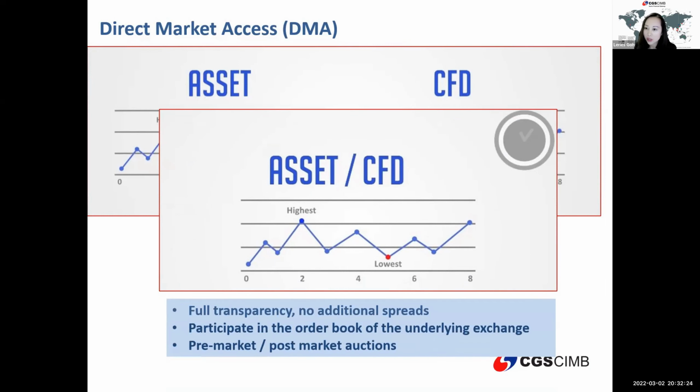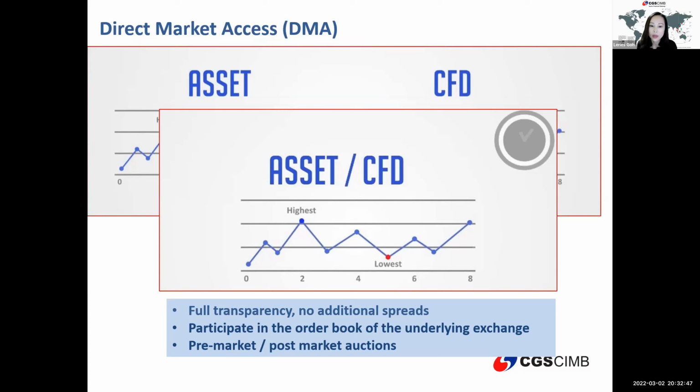There's full transparency and we don't add additional spread. You can participate in the exchange order book. The price and liquidity are exactly the same as the exchange. But like I said, for market makers that may not be the case, and the liquidity is at their discretion.